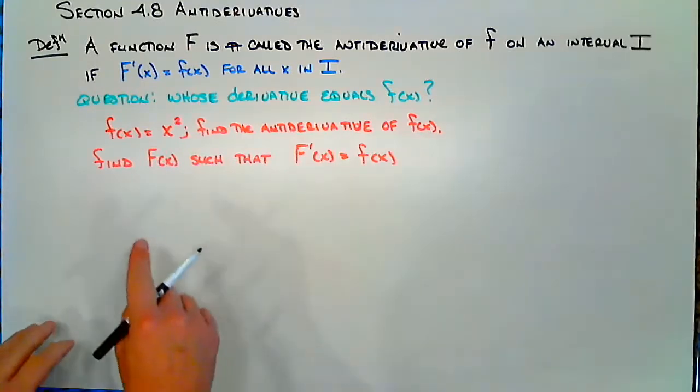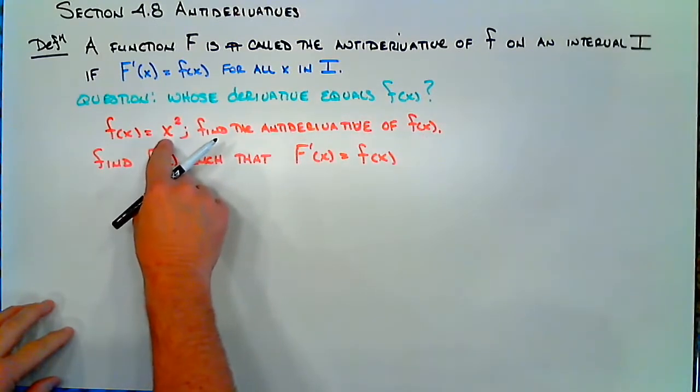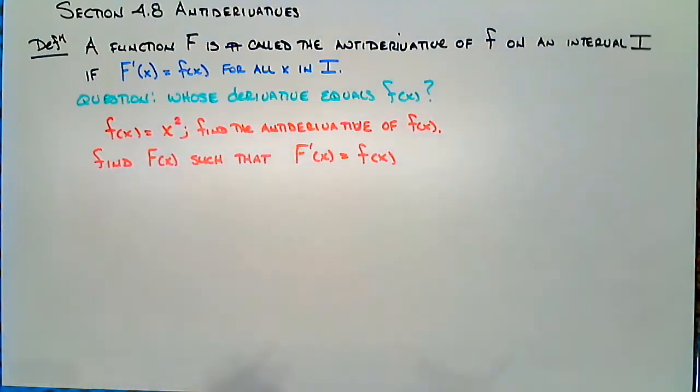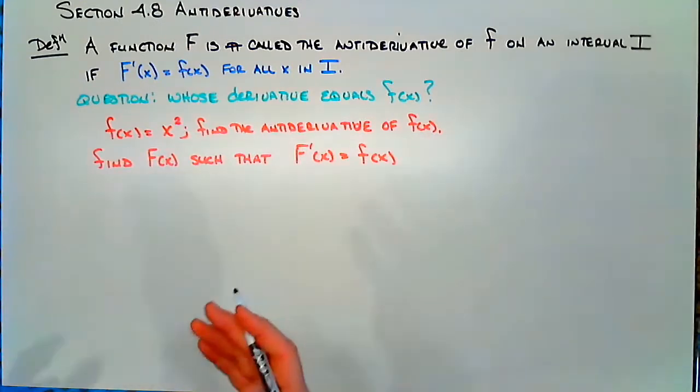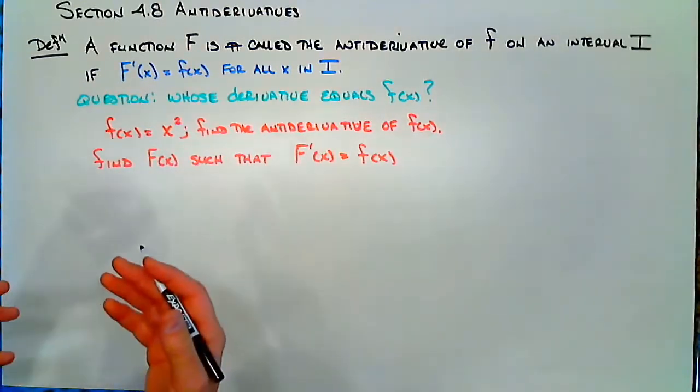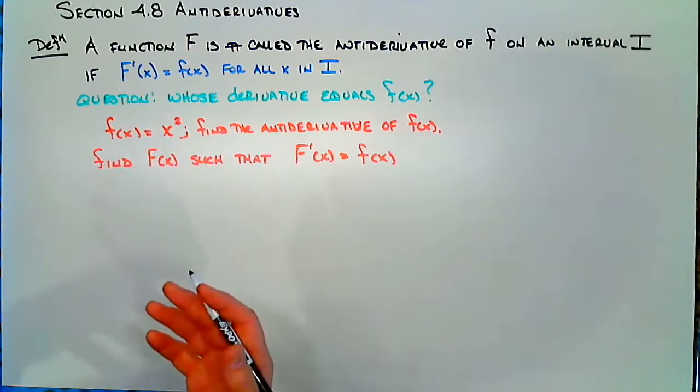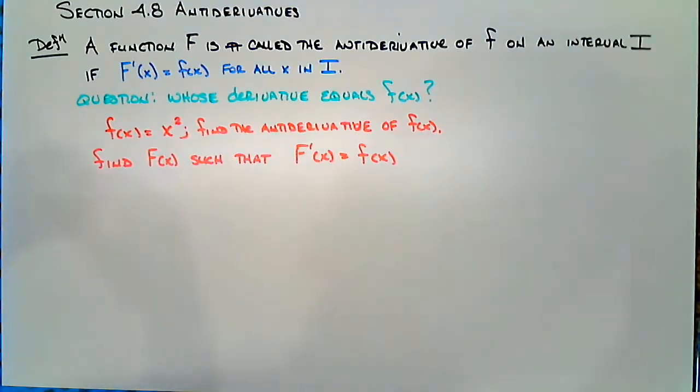So we're not taking the derivative of this. We all know the derivative of this is 2x. That's not what we're looking for here. We're looking for the function whose derivative is x squared. And it's going to take a few problems, a few examples, a bit of time for us to get our brain trained to go in that direction. It's a very normal experience.